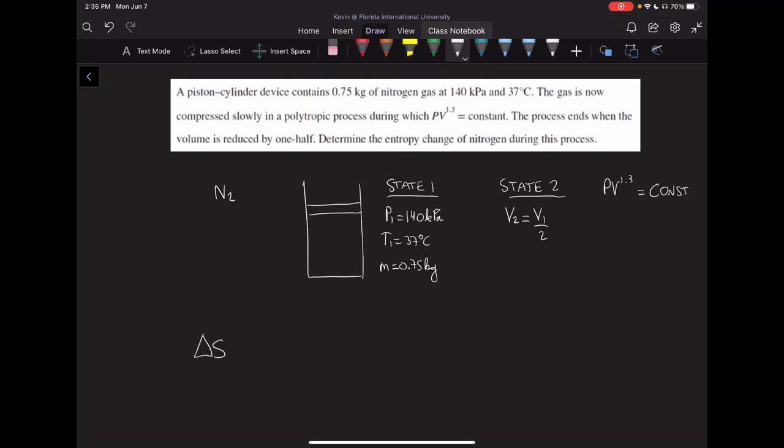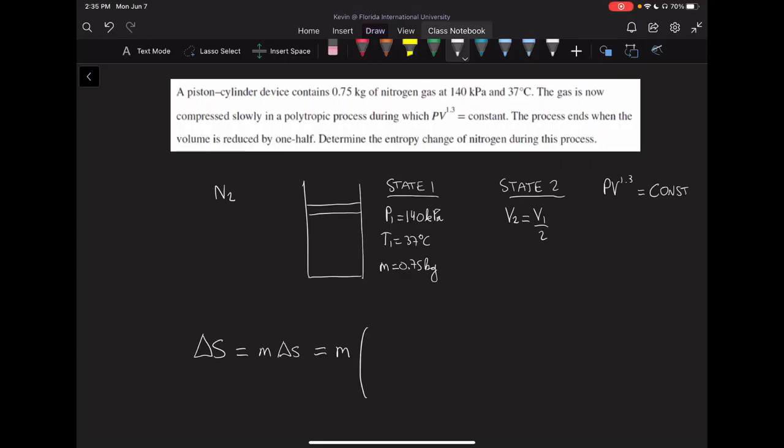The change in entropy is capital S, and it is equal to mass times the change in lowercase s. This is equal to the mass times one of the two equations we have for ideal gases.